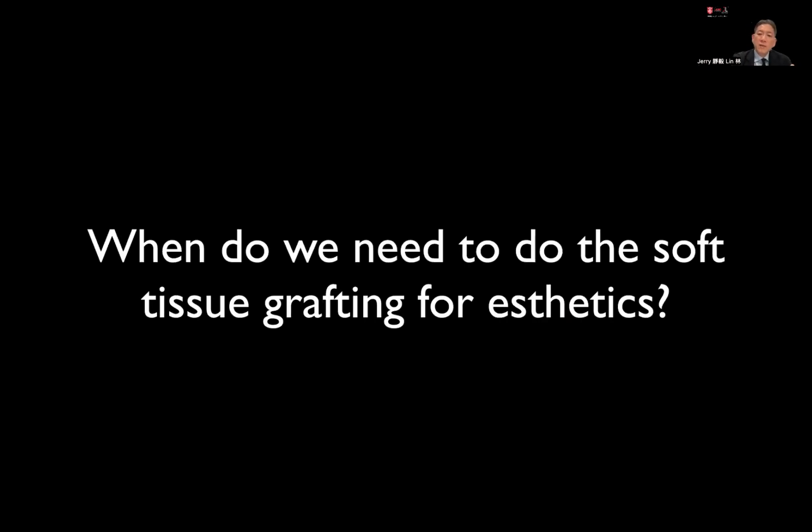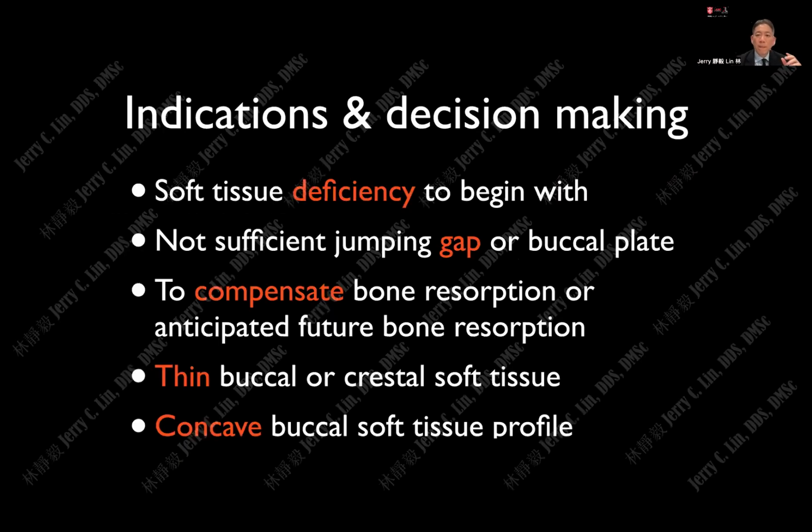So when do we need to do soft tissue grafting for aesthetics? That's a very good question. In my opinion, first, if we have any soft tissue deficiency to begin with, then we do need soft tissue, like a case with recession where we need to place the implant on that tooth.